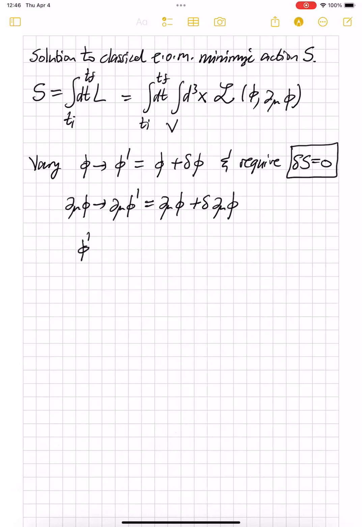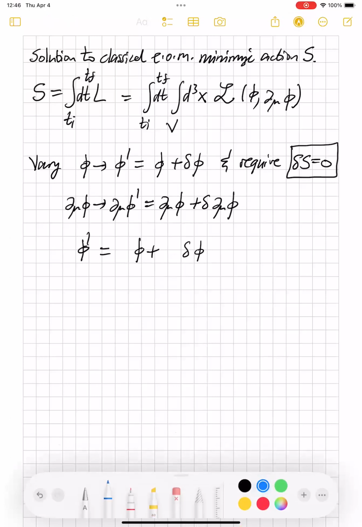So let's start off from the statement of how the field changed, and let's just take a derivative of that equation. So if phi primed is equal to phi plus delta phi, then the derivative of phi prime has to be equal to the derivative of phi plus delta phi.